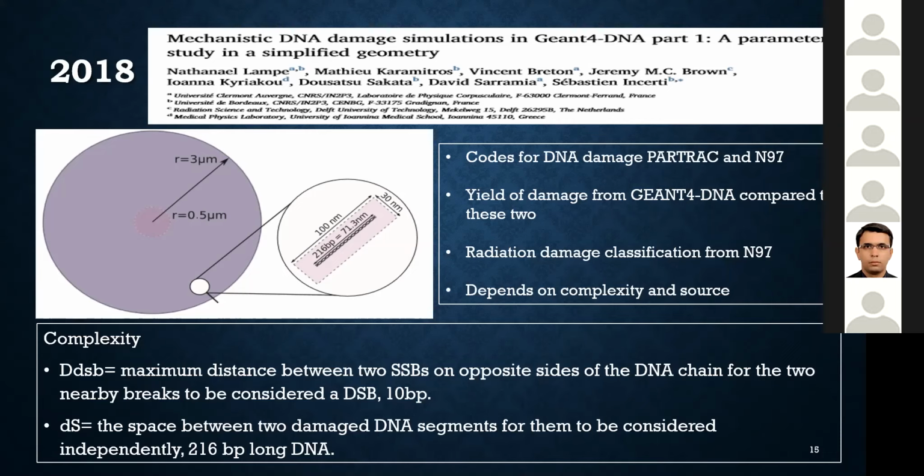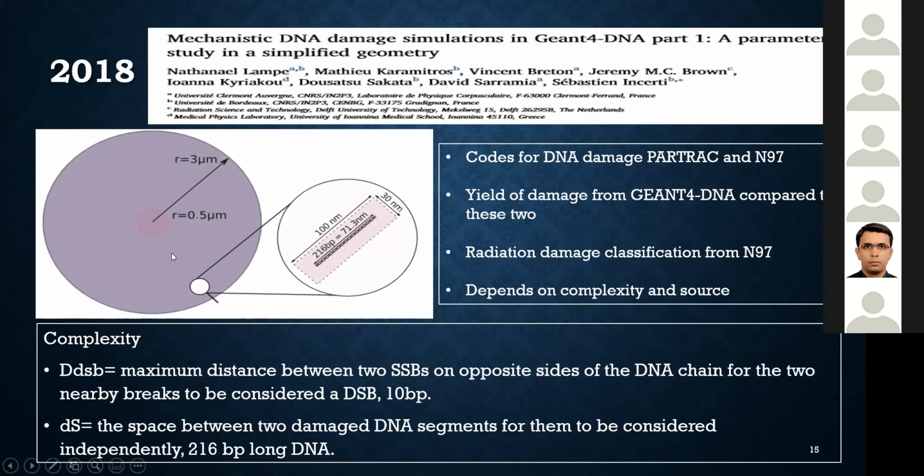So we see here that we want to do a comparison, but it doesn't mean that everything has to be the same. In fact, we are focusing on the N97 study, and it is not the same geometry, as you can see here, because here they just created a sphere of 3 micrometers, and then the source was coming out from another sphere of 0.5 micrometers, and this whole sphere was filled with these rectangles that have 216 base pairs.